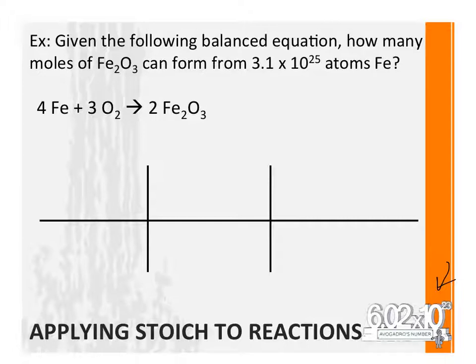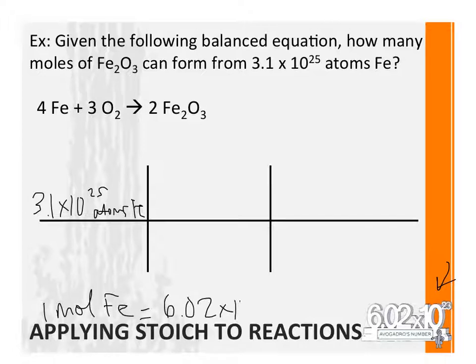So we don't need the periodic table. So if I start with what I'm given, 3.1 times 10 to the 25th atoms of iron, I want to use my conversion factors to be able to get myself to moles of iron. So we remember that 1 mole of any substance, in this case iron, is equal to 6.02 times 10 to the 23rd atoms of that substance.